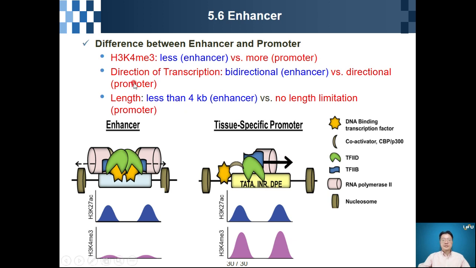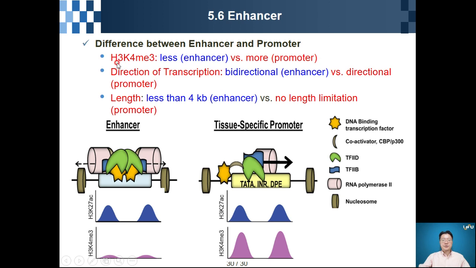And there is also a length difference. The enhancer region is usually less than 4 kb, whereas the promoter region has no length limitation. This is the big difference between enhancer and promoter.